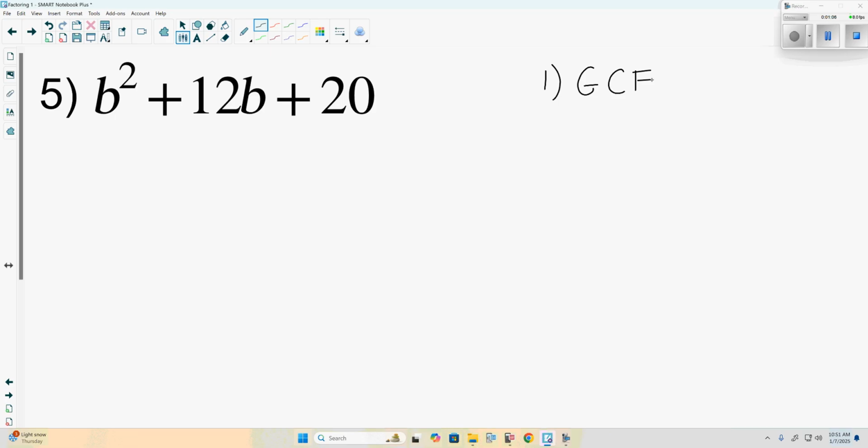And as we look at these 3 terms here, b squared, 12b, and 20, there is no greatest common factor. And since this is indeed a quadratic, we can move on to step number 2, our 2 sets of parentheses.